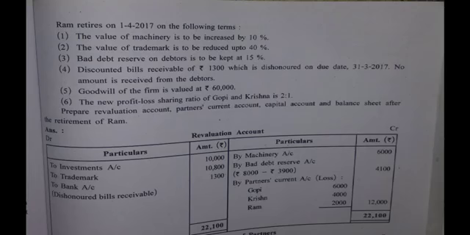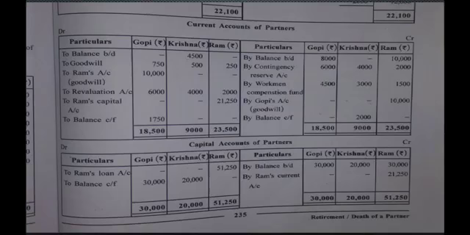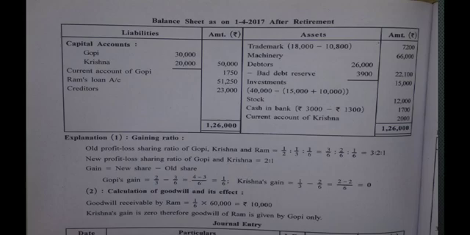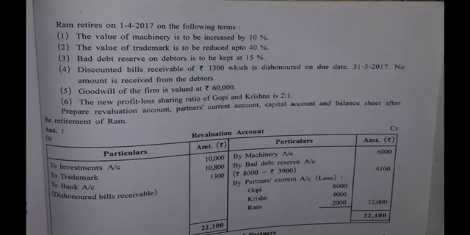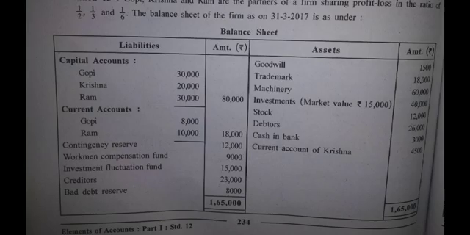So this is going to get recorded on the debit side of the revaluation account, 10,000. And the new value of investments in the new balance sheet is 15,000. Okay. Fine.